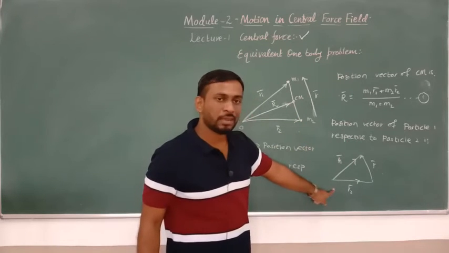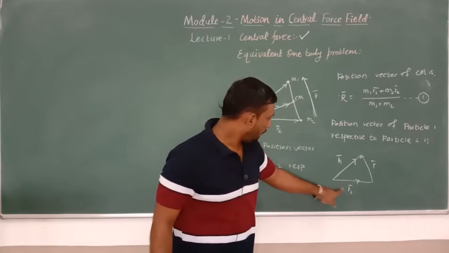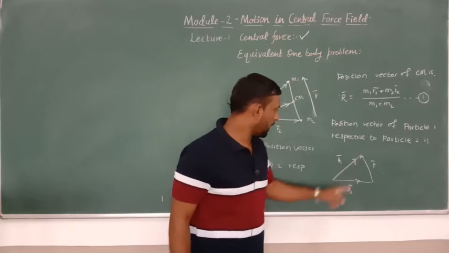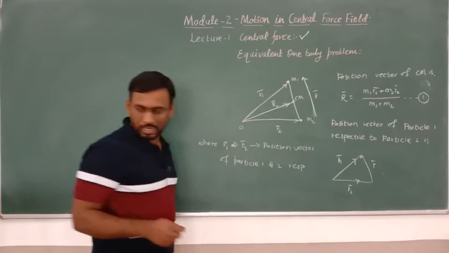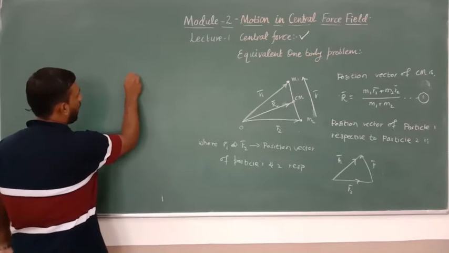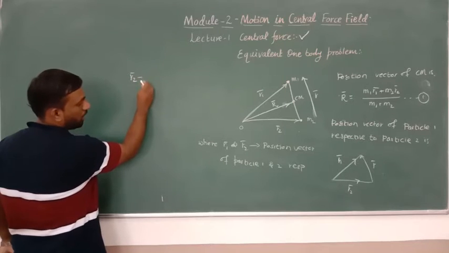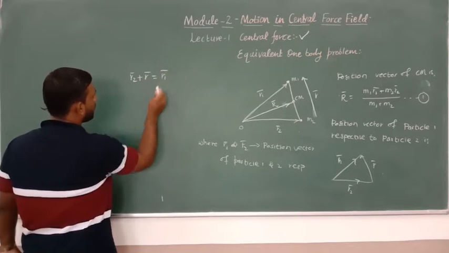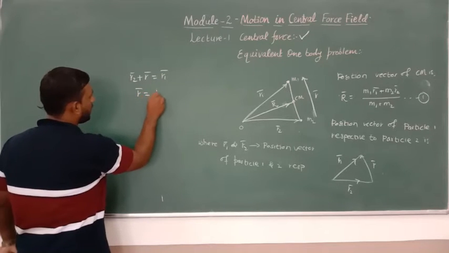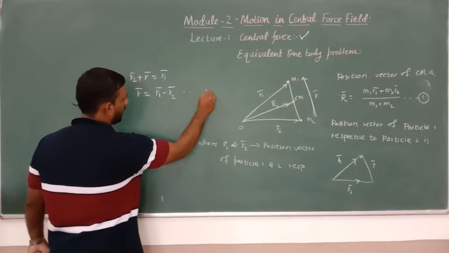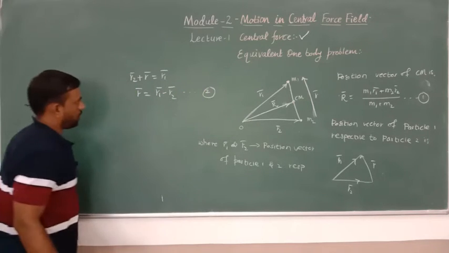And from basic vector calculus, how to denote this? r2 plus r is equal to r1. So we can directly write this as r2 bar plus r bar is equal to r1 bar. So r bar is equal to r1 bar minus r2 bar. This is equation number 2.